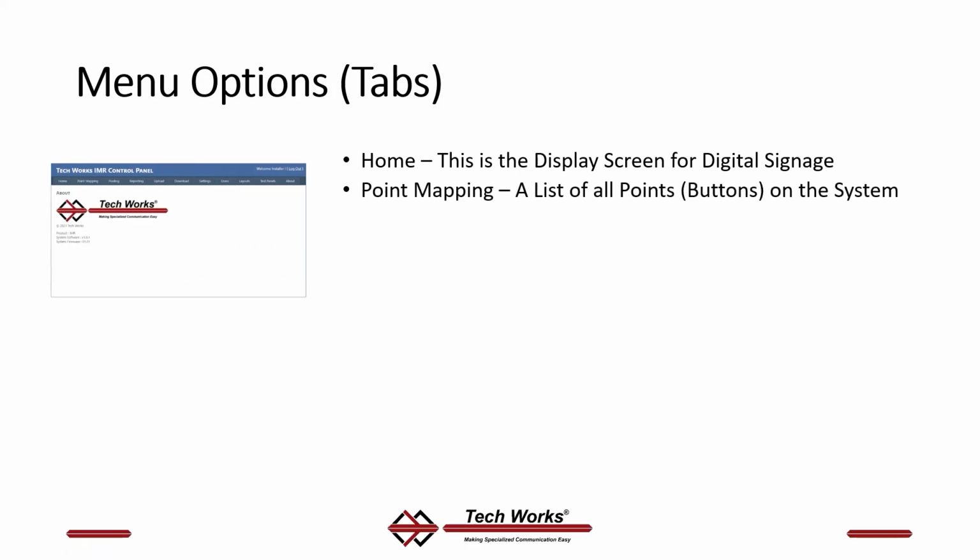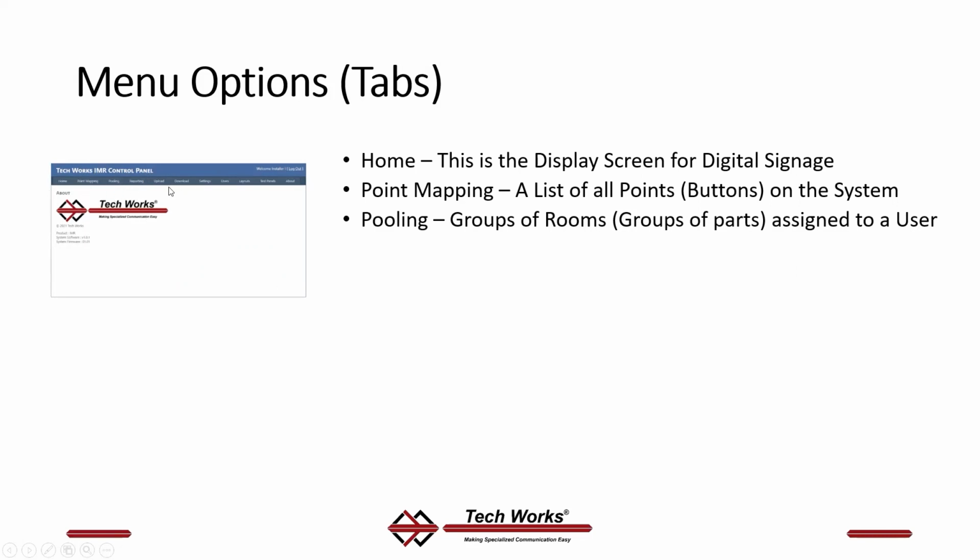Point mapping, this is the points of all the buttons you just pushed. Pooling, these are groups of rooms that are tracked for keeping track of people and telling providers which patient is next. Reporting, this is how you output all the data that has been logged in this system.